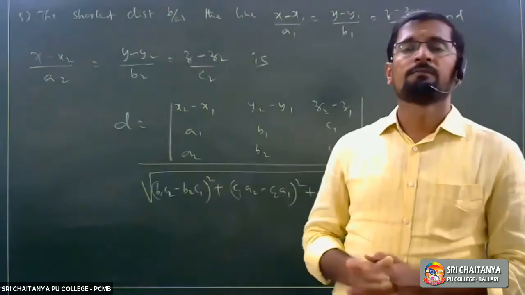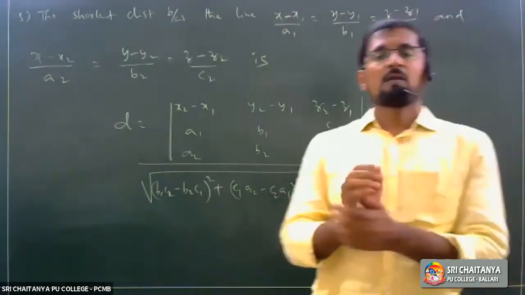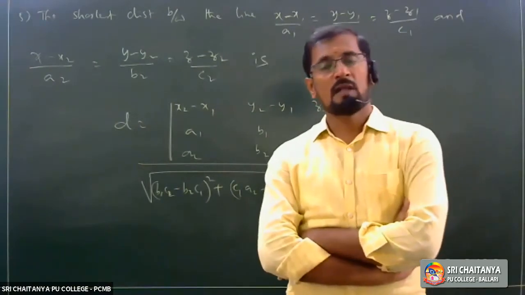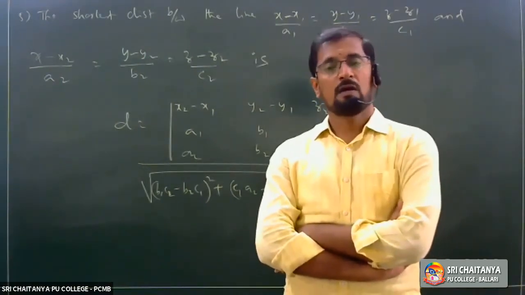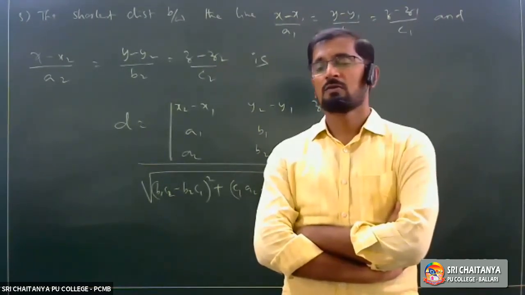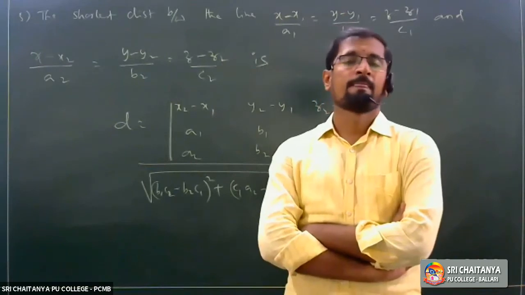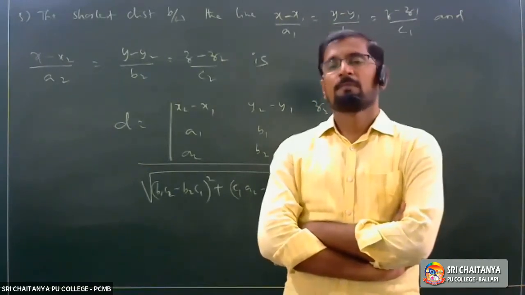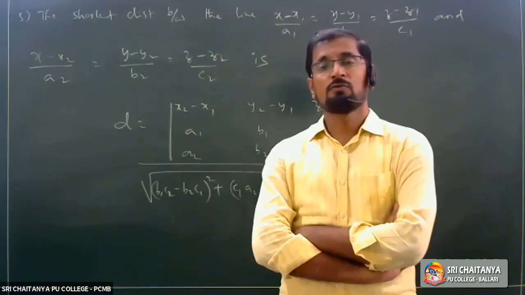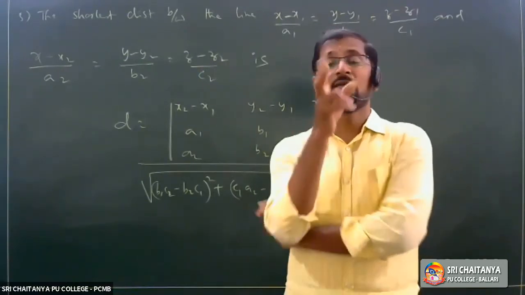Third point: r bar = a1 bar + lambda b1 bar and r bar = a2 bar + mu b2 bar represent two skew lines. Next point, the shortest distance between two skew lines in vector form.